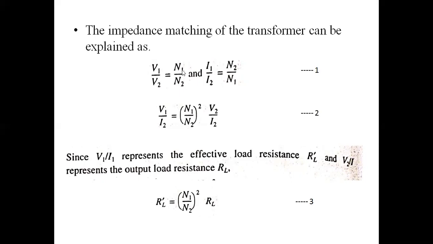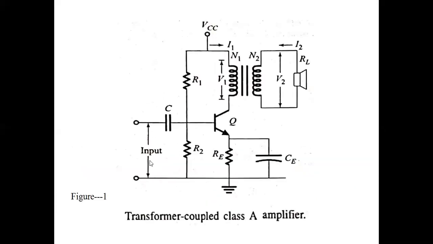Since V1 by I1 represents the effective load resistance R dash L, equal to (N1 by N2) square times V2 by I2, which is the output load resistance RL. This is the configuration of the transformer coupled amplifier.